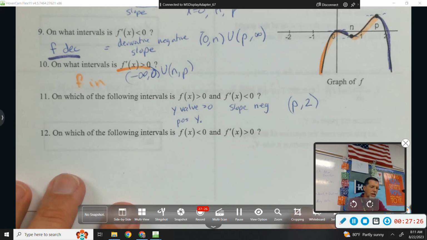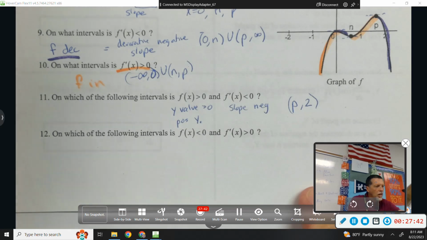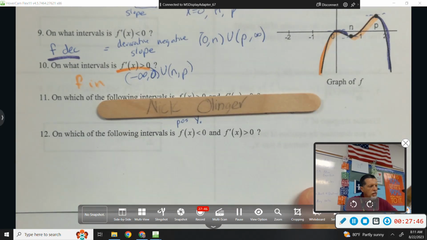3 minutes to spare. Where is f less than 0 and f prime greater than 0? F less than 0, f prime greater than 0. Nick, you're the last popsicle stick for the day.